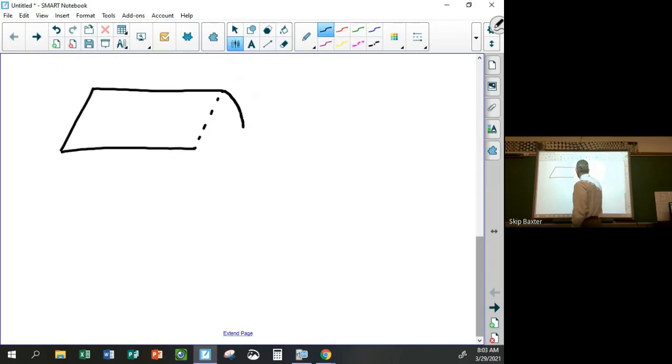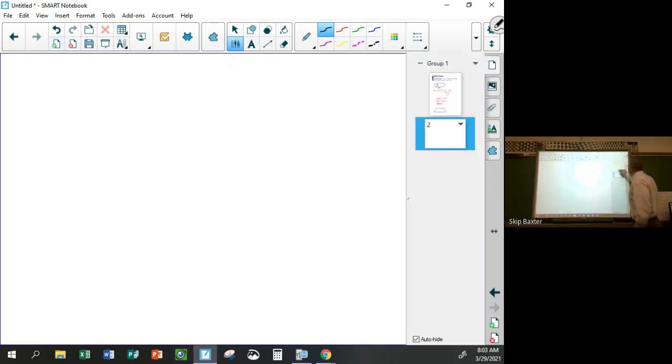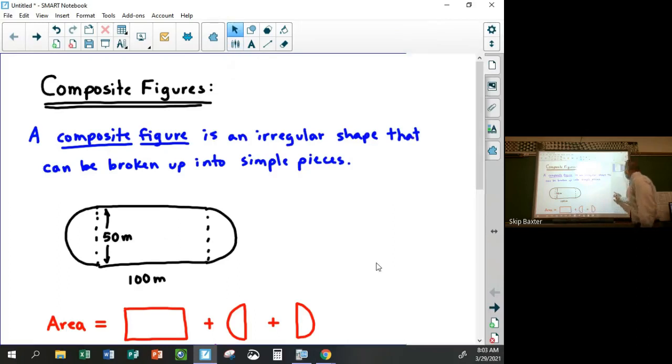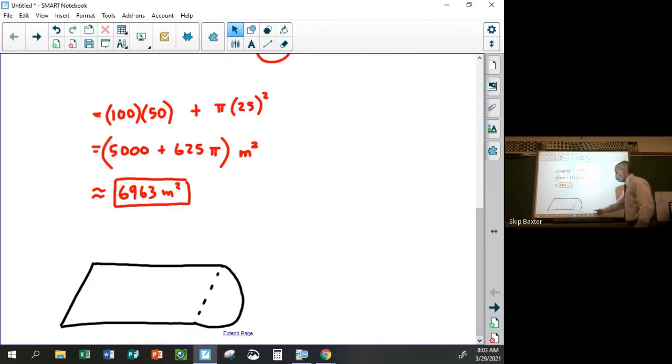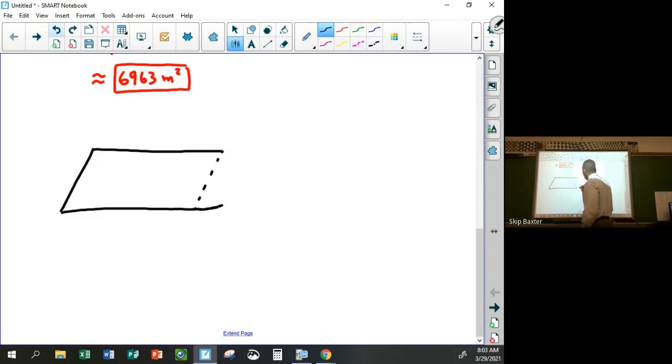What if that's the shape you're trying to find? Did I just change it? Yeah, it's there still. Sorry. Right, so say you have a parallelogram with a semicircle attached.